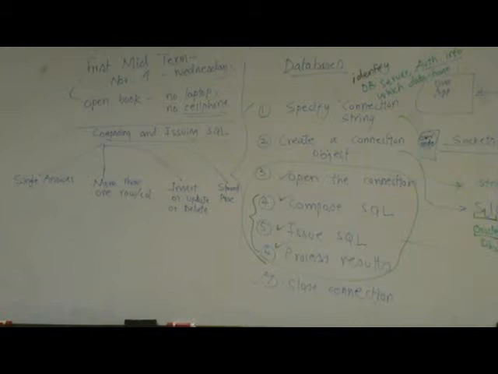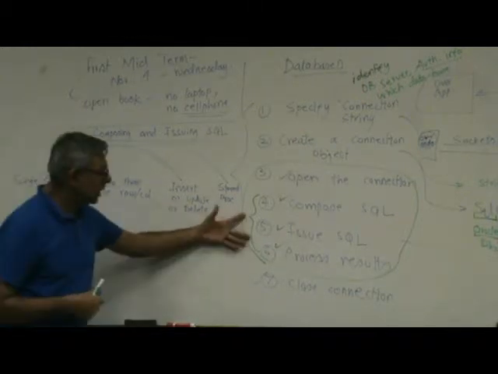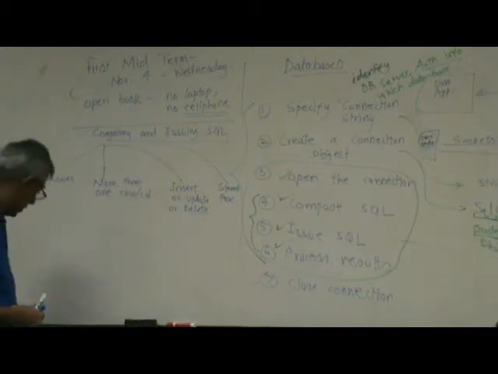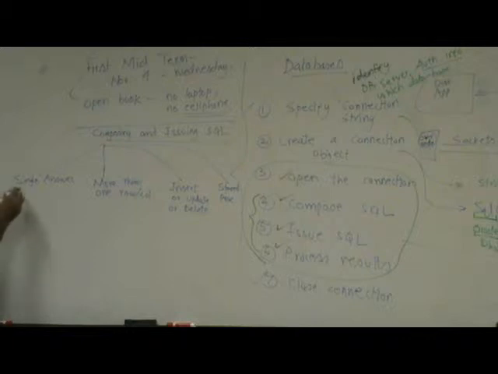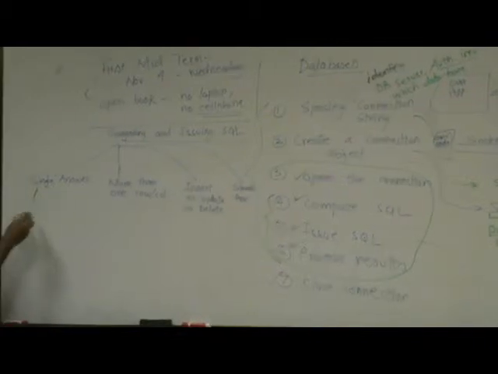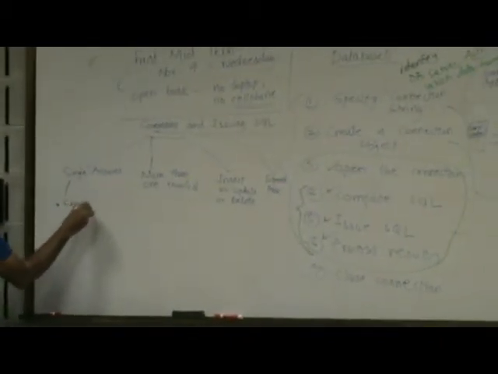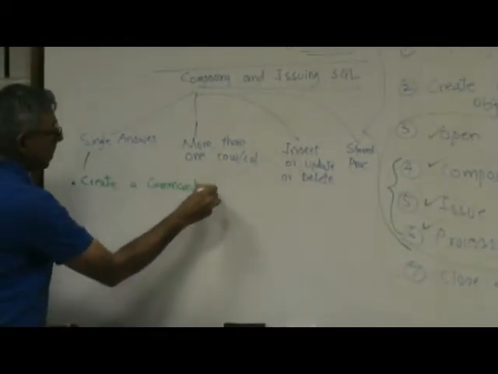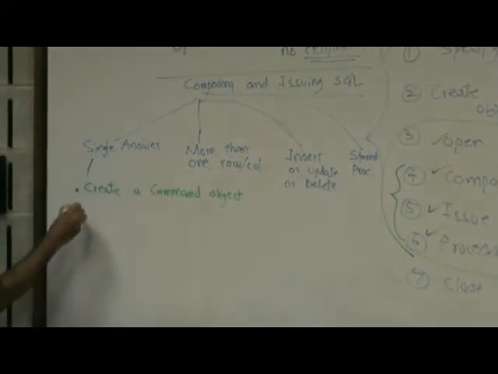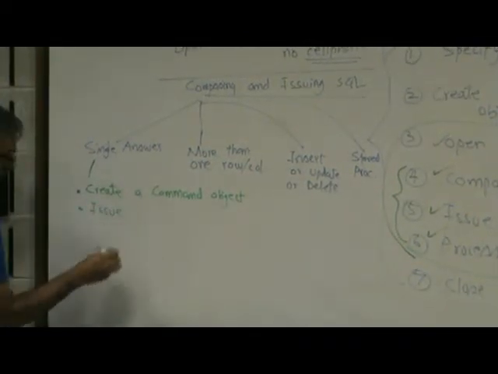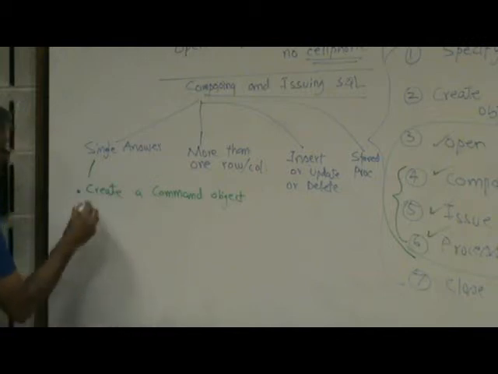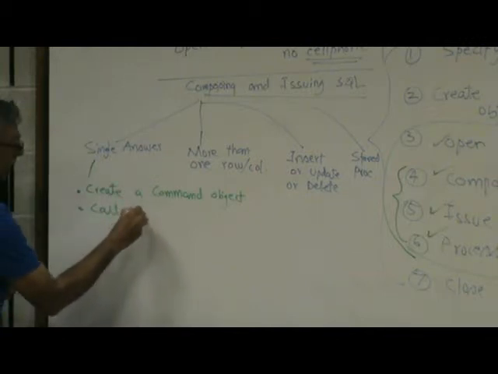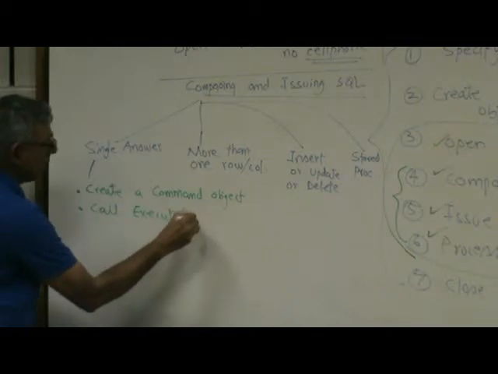So now let me show you how steps 4, 5, and 6 vary based on our 4 types of situations, okay? So first let me show you in plain English. If we wanted a single answer from the database, we typically create a command object. Then we call the execute scalar method on it.